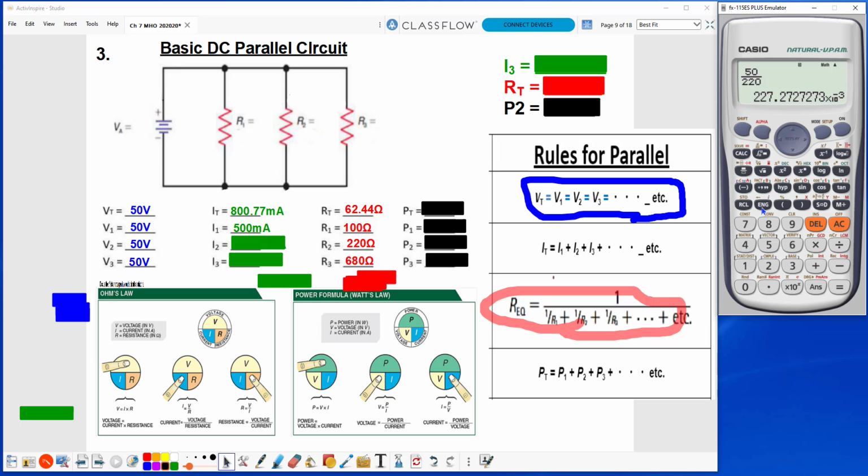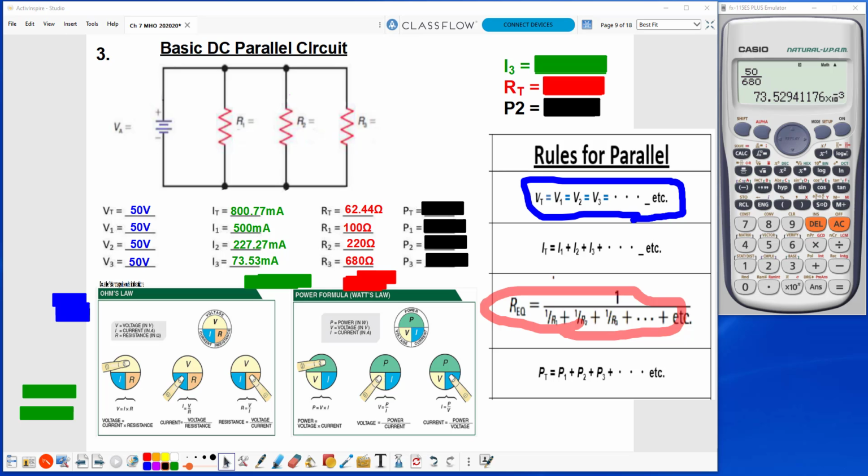It equals, hit engineering. So I2 is going to be 227.27 milliamps. And we can fill that in. Next is I3, 50 volts divided by the 680 ohms. And that gives me 73.53 milliamps.